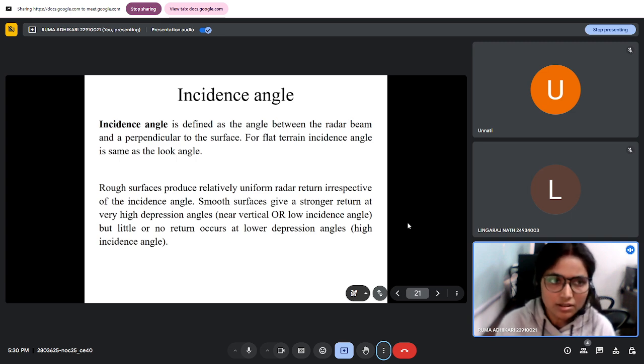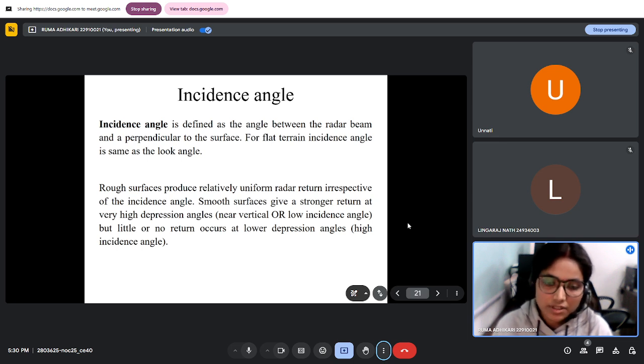It is a very important angle, and how is it important? A rough surface produces relatively uniform radar return irrespective of the incidence angle, and a smooth surface gives a stronger return at very high depression angles. Depression angle is another angle that we calculate, that is near vertical or low incidence angle, but little or no return occurs at lower depression angle.